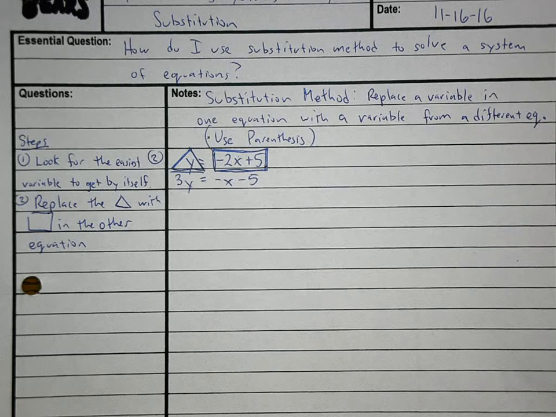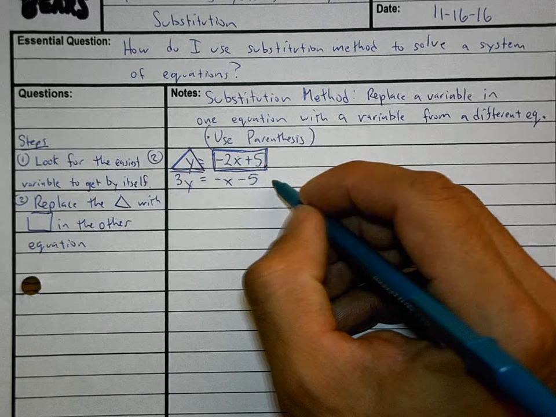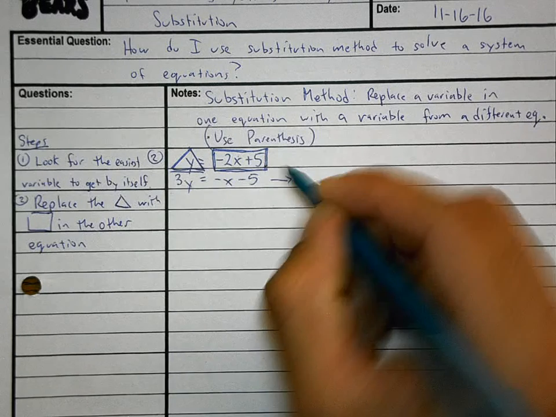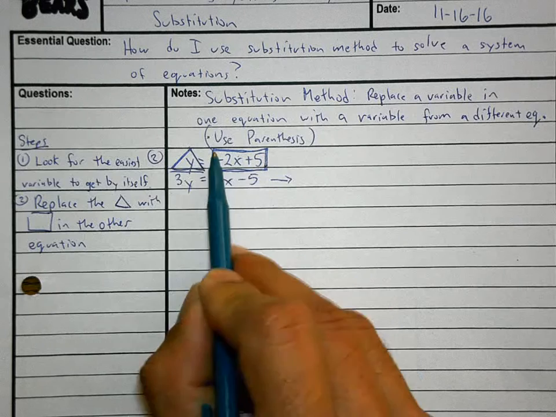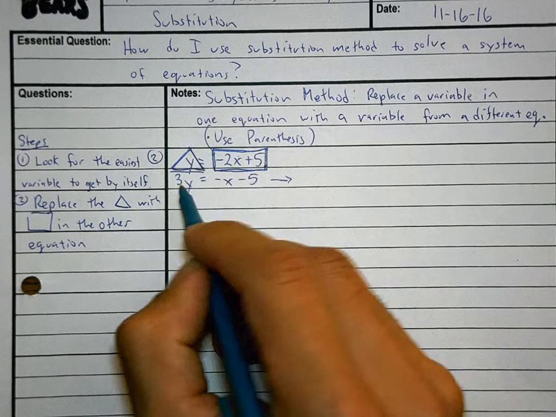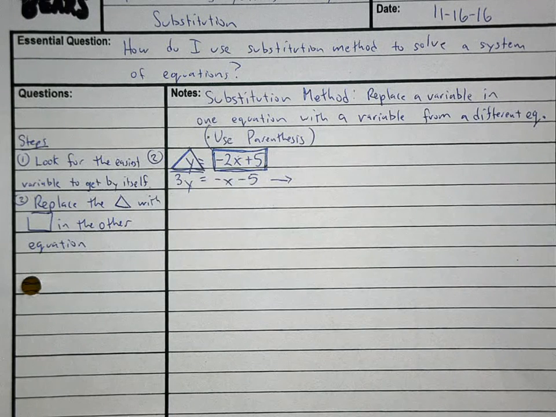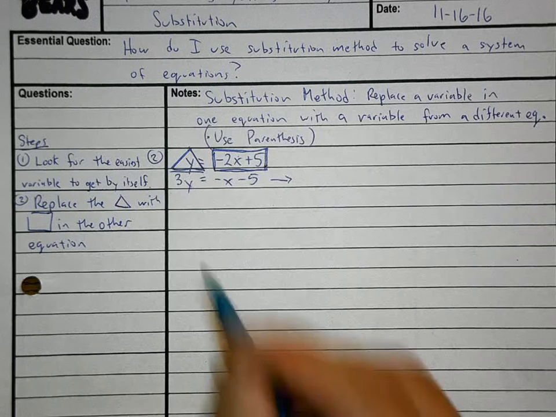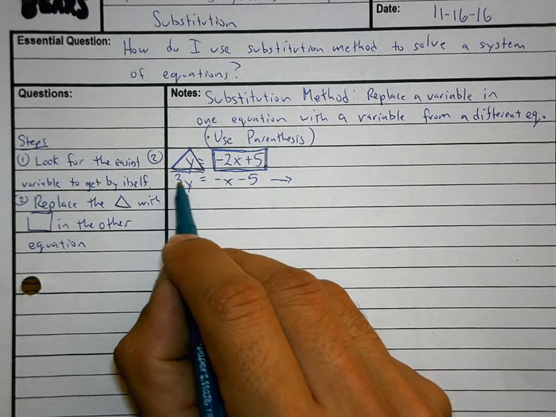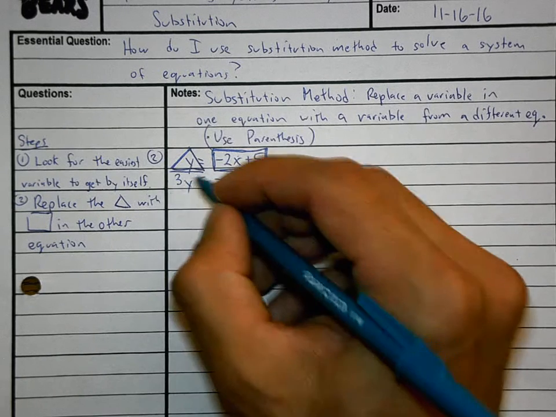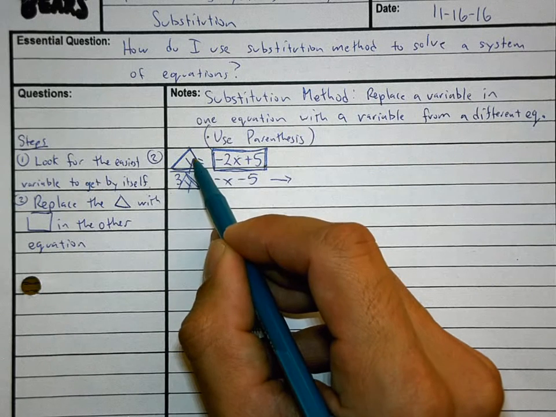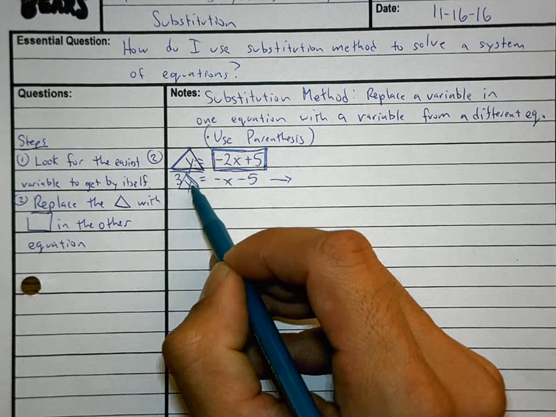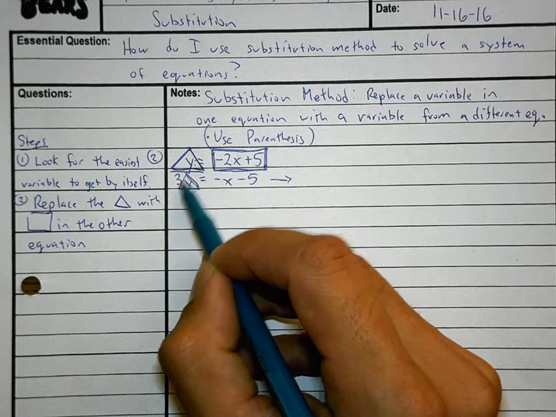This is a little confusing, so I'll walk you through it. I know what the y is equal to. This triangle is equal to this rectangle, but in the other equation, I have 3 times y, a triangle right there. The 3 is multiplying this triangle.